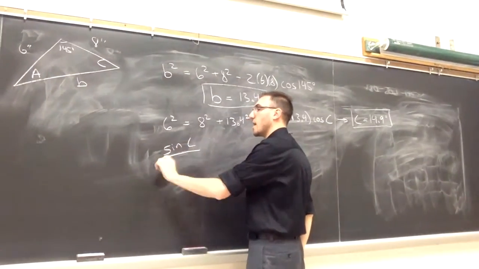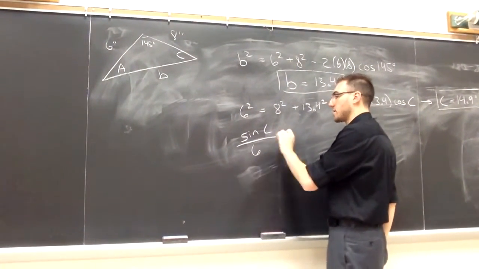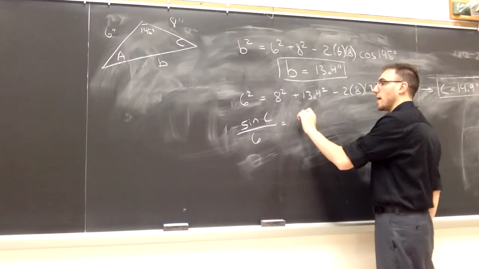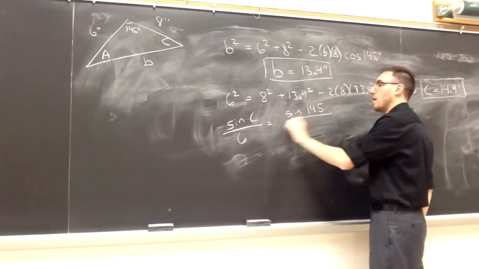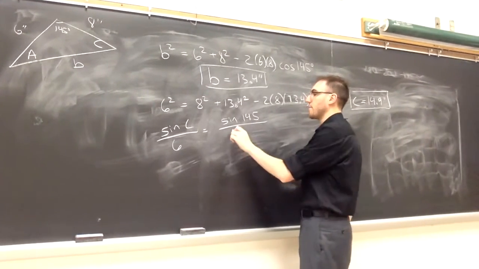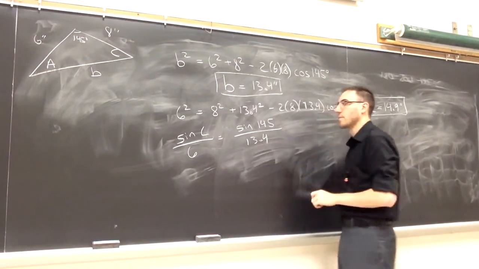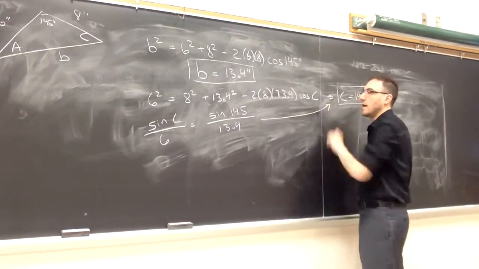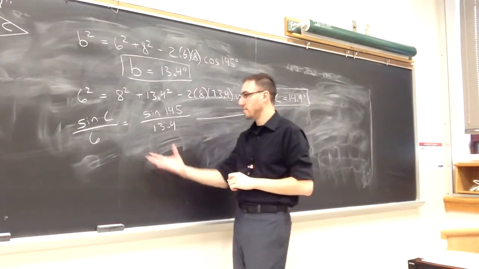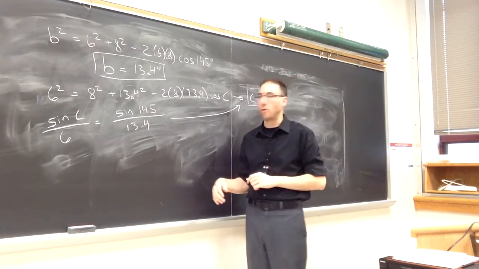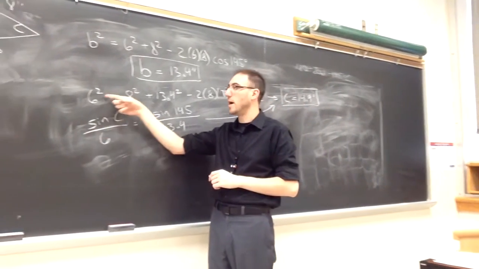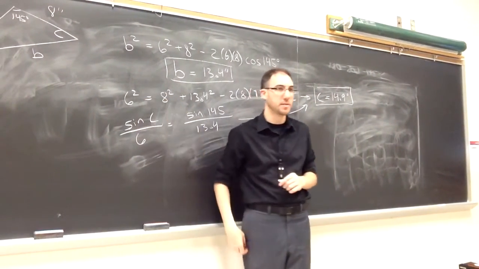So I could say that the sine of C over 6 is the sine of the only other angle I know, the 145, over the opposite side, B of 13.4. And if I go through those steps, I should find at least the 3 digits. They should be the same, 14.9 degrees, whether I use law of sines or law of cosines.